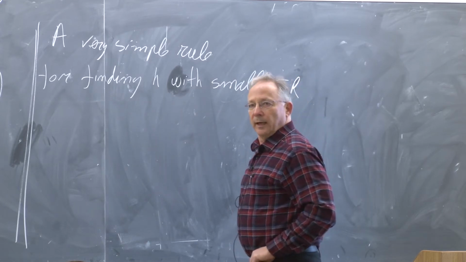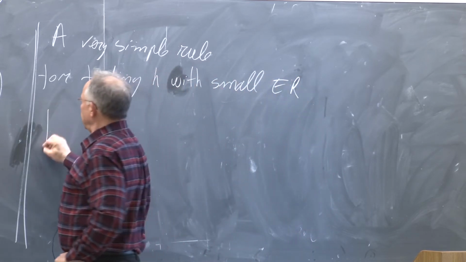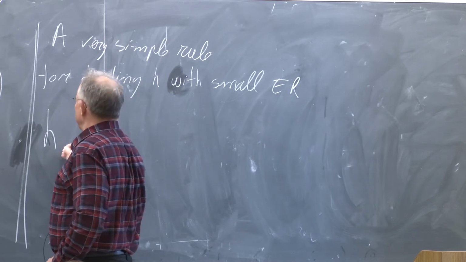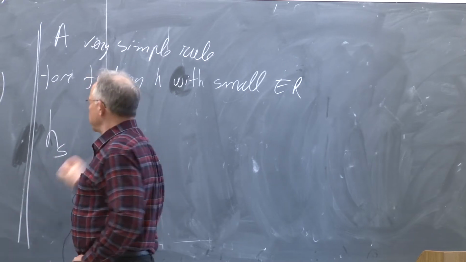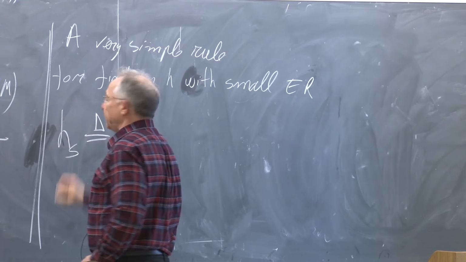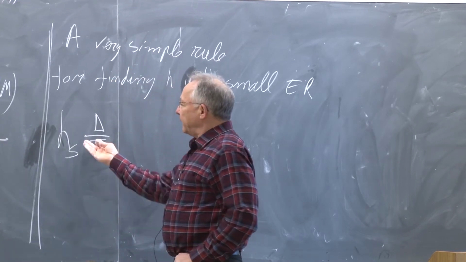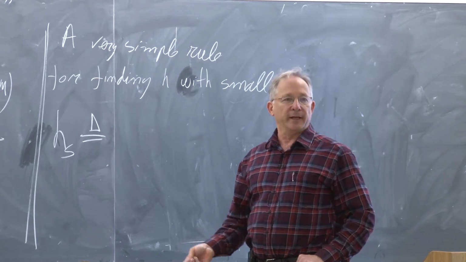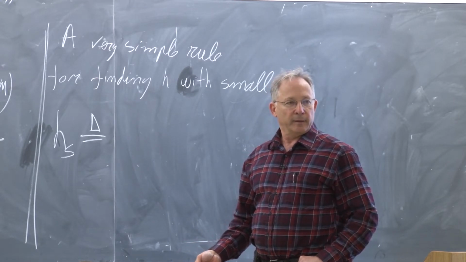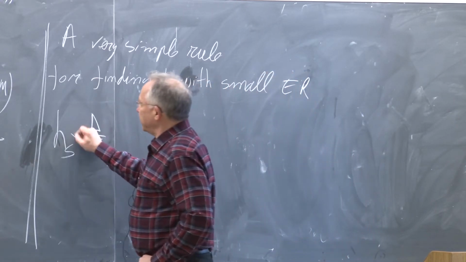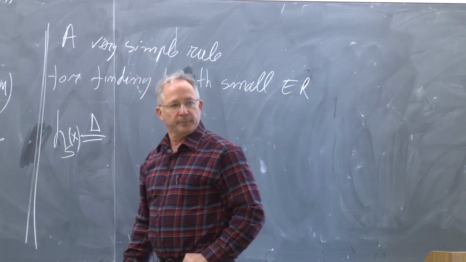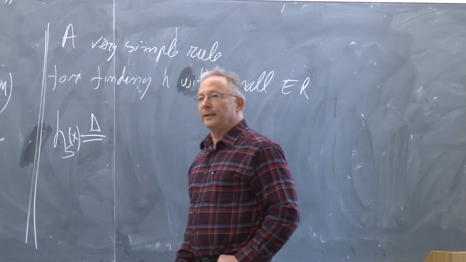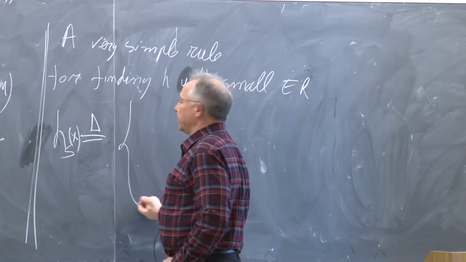What will I do? I will define H of S. Now, I have to tell you how my hypothesis is going to behave on every x. So I get some x, and I have to tell you how to behave. So I will define H of x to be as follows.